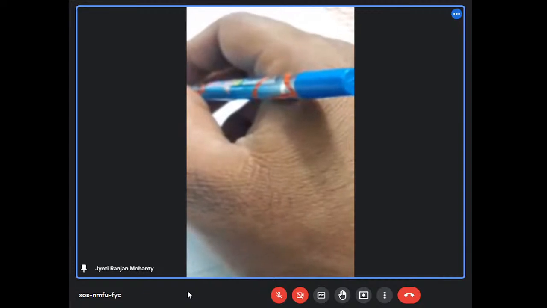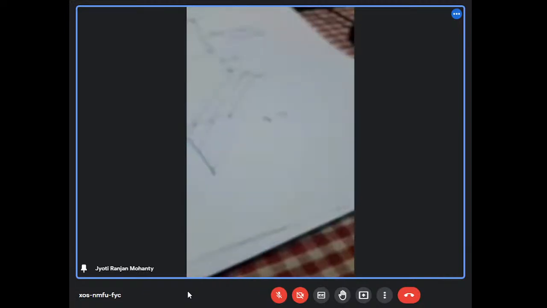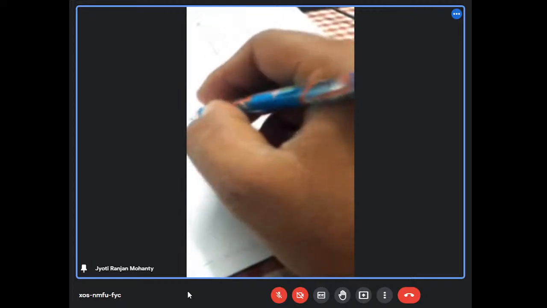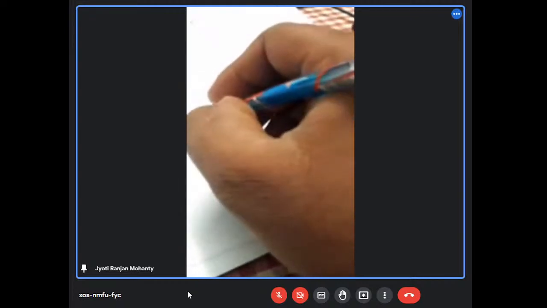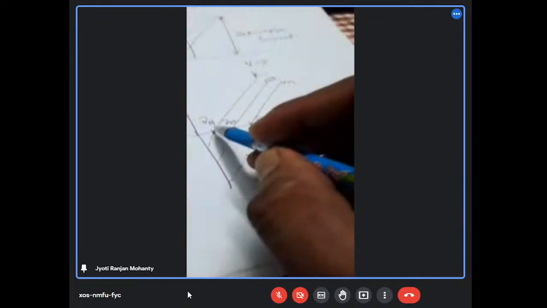Take nu versus stopping potential, V0. This is nu 01, nu 02, nu 03. What are nu 01, nu 02, nu 03? These are the threshold frequencies.